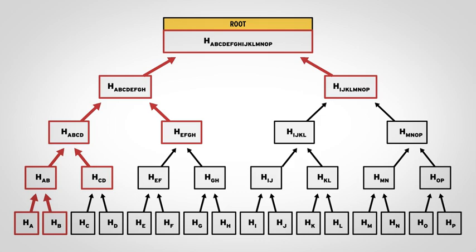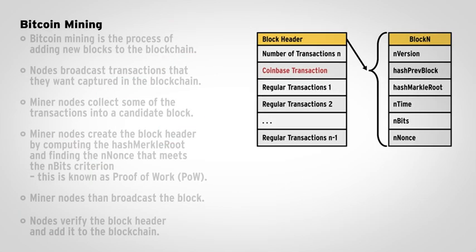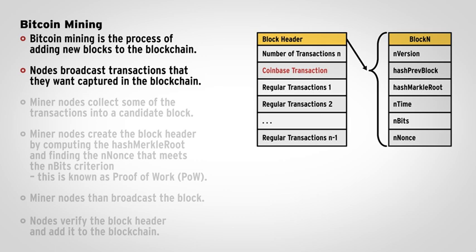So how does Bitcoin mining work? It's the process of adding new blocks to the blockchain. Nodes broadcast transactions that they want captured in the blockchain. The miner nodes collect some of these transactions into a candidate block. The miner nodes have a list of all the valid transactions, and they select which of those transactions they want in a block. And by the way, they do that to maximize their transaction fee.